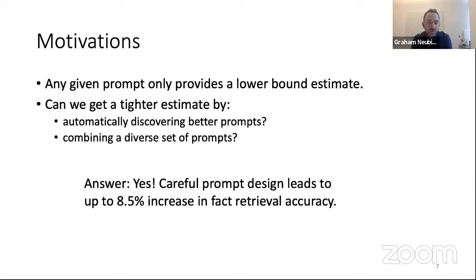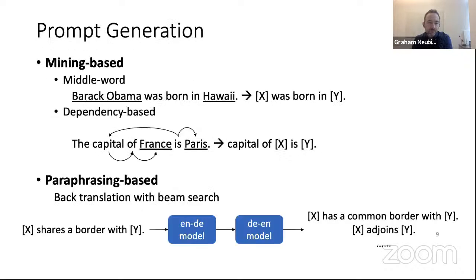And the answer to this is yes, where basically careful prompt design leads to up to 8.5% absolute increase in fact retrieval accuracy. So what do we do? We do two things. We do prompt generation and we do prompt ensembling. The prompt generation is basically trying to come up with better prompts in the first place. And we do this in a couple of ways.